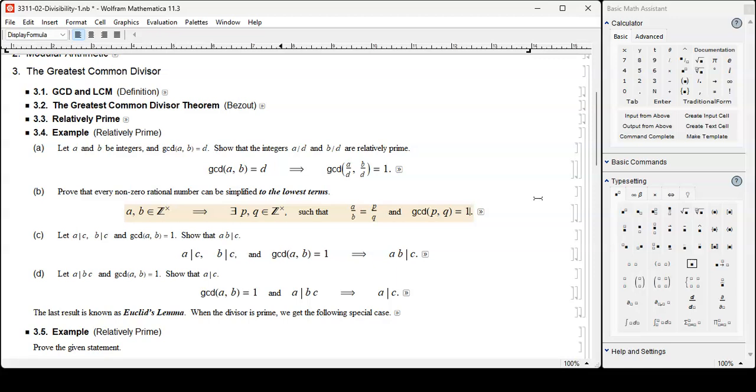So in section 1, we actually skipped this part. I didn't mention it because I didn't want to get too distracted by this. But now we can mention it.